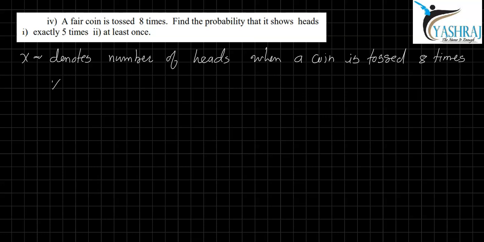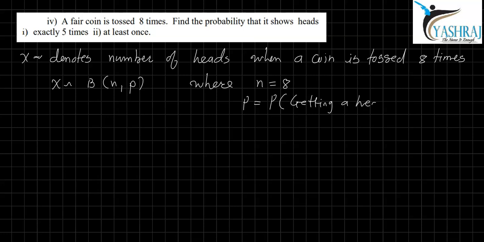That means x follows binomial distribution of n comma p, where n is the number of trials, that is 8. P be the probability of success. So P means getting a head. Probability of getting a head, we have half. While Q be the probability of failure, means getting a tail, we have again half.